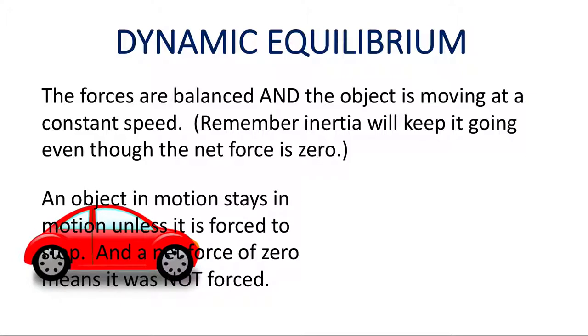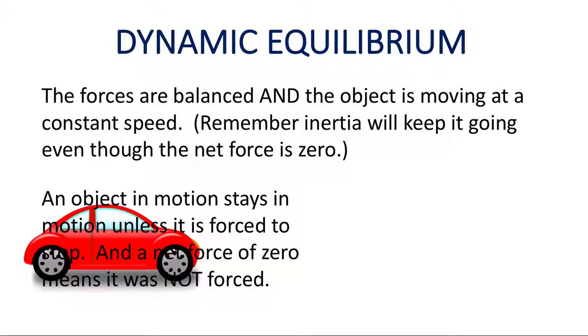We know that an object in motion stays in motion unless it is forced to stop. And in this case, the net force is 0, which means it was not forced to stop. The object will not accelerate. It will continue to do whatever it was already doing, which in this case was moving forward at a constant speed.